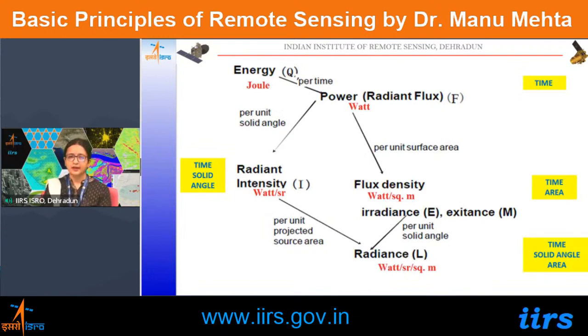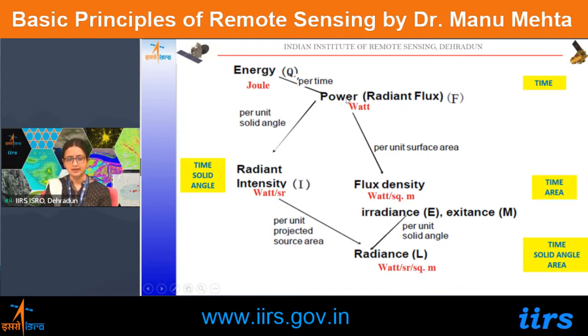Now, coming to radiometry, the very basic unit of measurement of radiation is energy. The units are joules. If we want to sense how much energy is coming in a unit time, that is the rate of change of energy per unit time, we call it flux or radiant flux. The units will be units of energy divided by units of time, that is joules per second, which becomes watt.